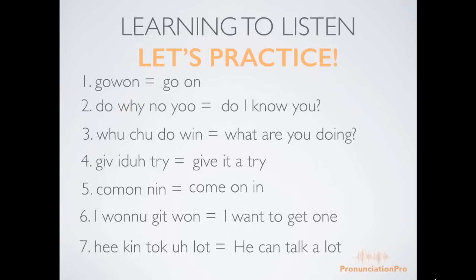If you're further along in the Pronunciation Pro course, you can see how we're looking at rules of word stress and sentence stress and linking, and there's a lot that goes into why I say he can talk a lot. I'm stressing important words in the sentence.